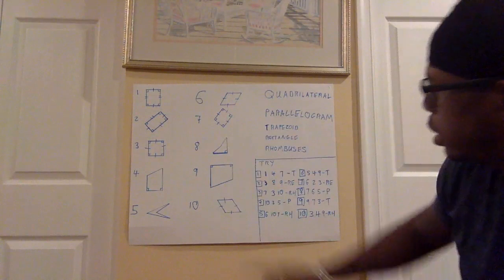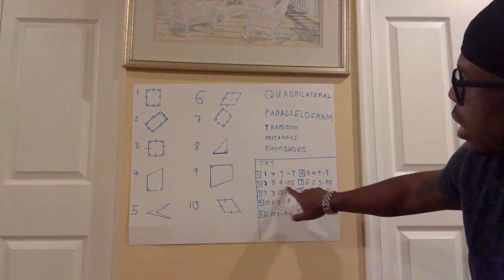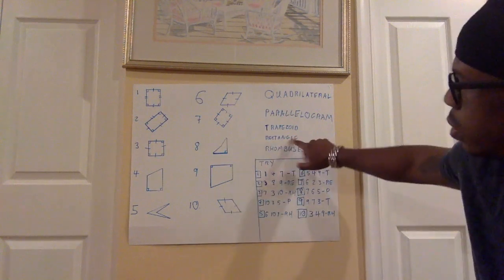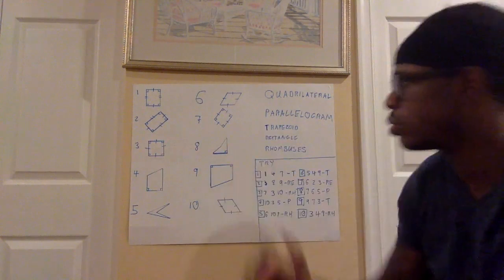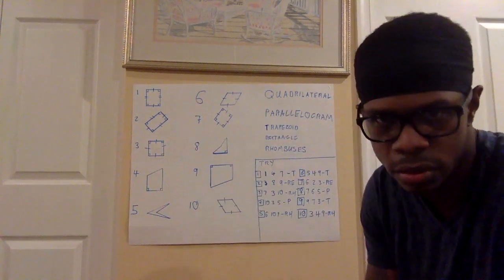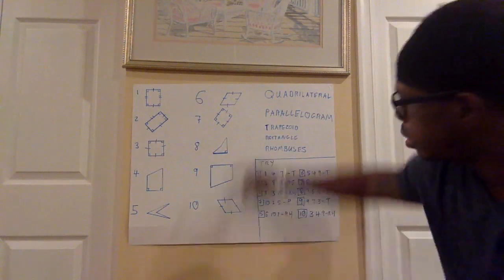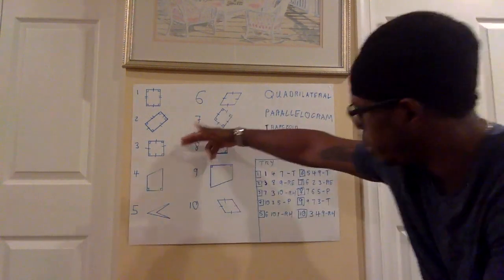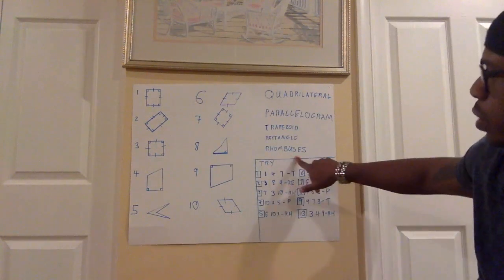Number 2 is 3, 8, 9, and it has RE for rectangle. So 3, 8, and 9, and you're going to circle which one is a rectangle, if it's one or more. Number 3 is 7, 3, and 10, and it says RH for rhombus.